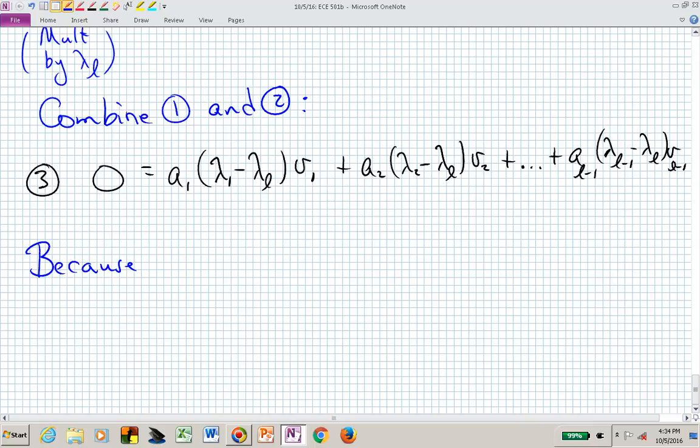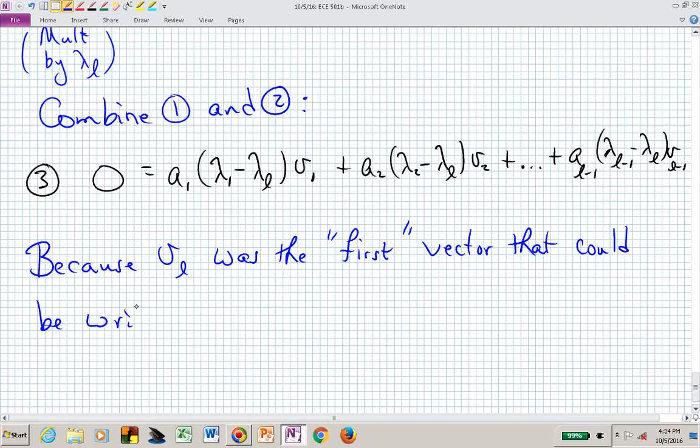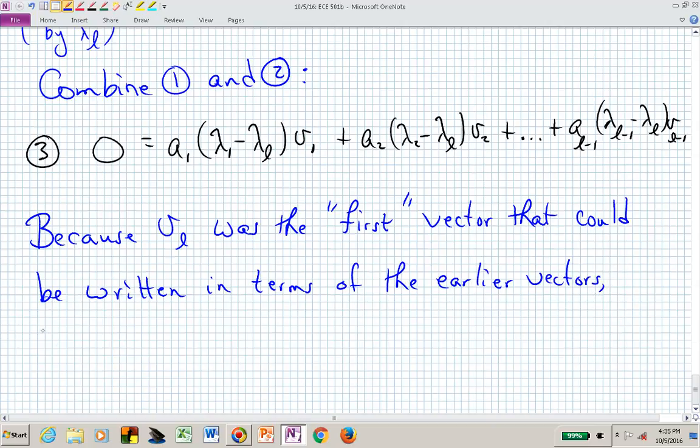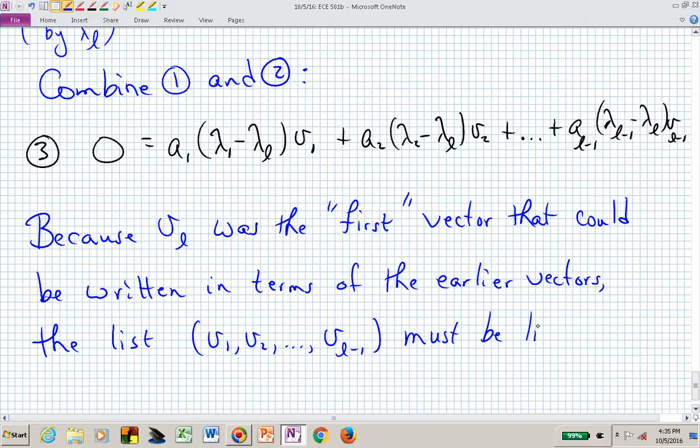That means that these vectors are linearly independent, by assumption on V sub L. Because V sub L was the first vector that could be written in terms of the earlier vectors, the list V1, V sub 2, up to V sub L minus 1 must be linearly independent.